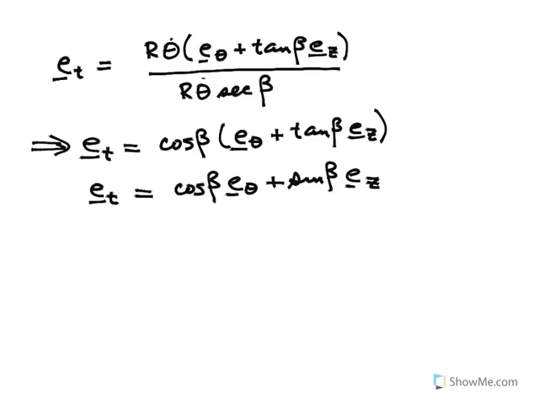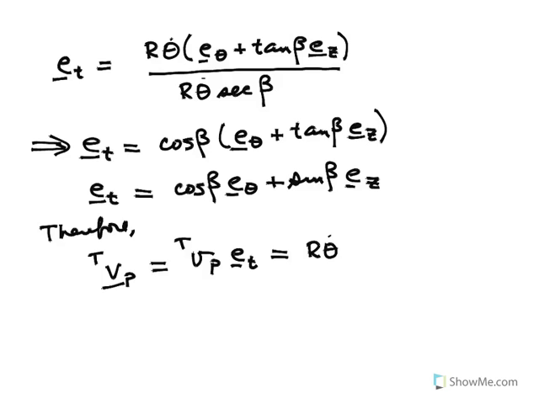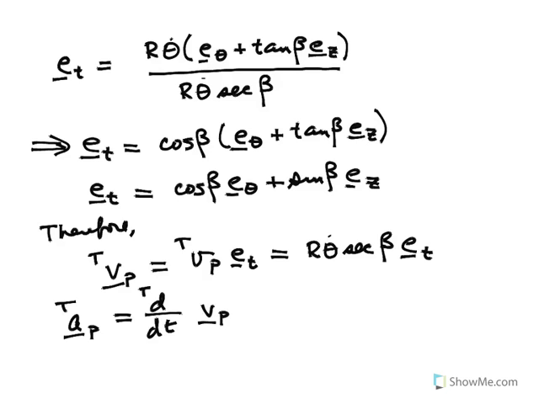Now I know that the velocity of point P as viewed by an observer fixed to the track is equal to the speed relative to the track times the tangent vector, which is R theta dot times the secant of beta times the tangent vector. So now we can compute the acceleration. The acceleration of point P, as viewed by an observer fixed to the track, is equal to the rate of change in the track of the velocity of point P as viewed by an observer fixed to the track.